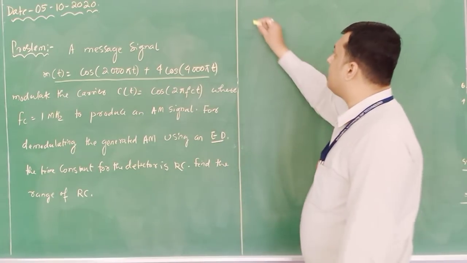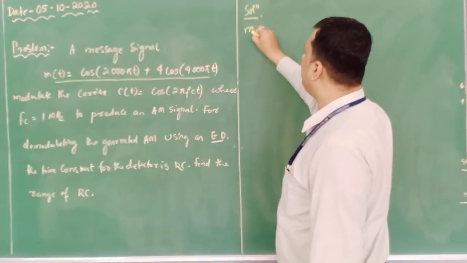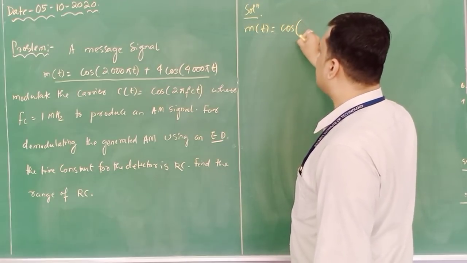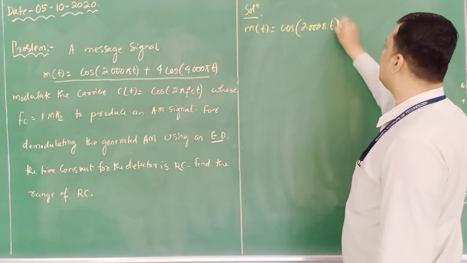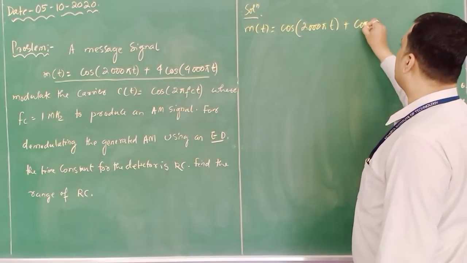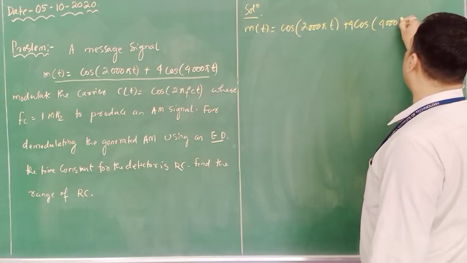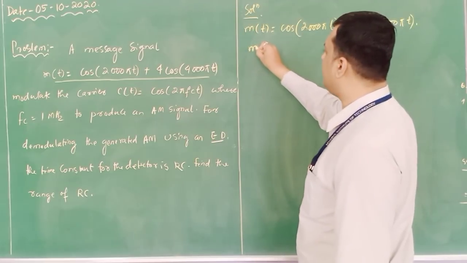So m of t is cos 2000 pi t plus 4 cos 4000 pi t. This is the multi-tone modulating signal.